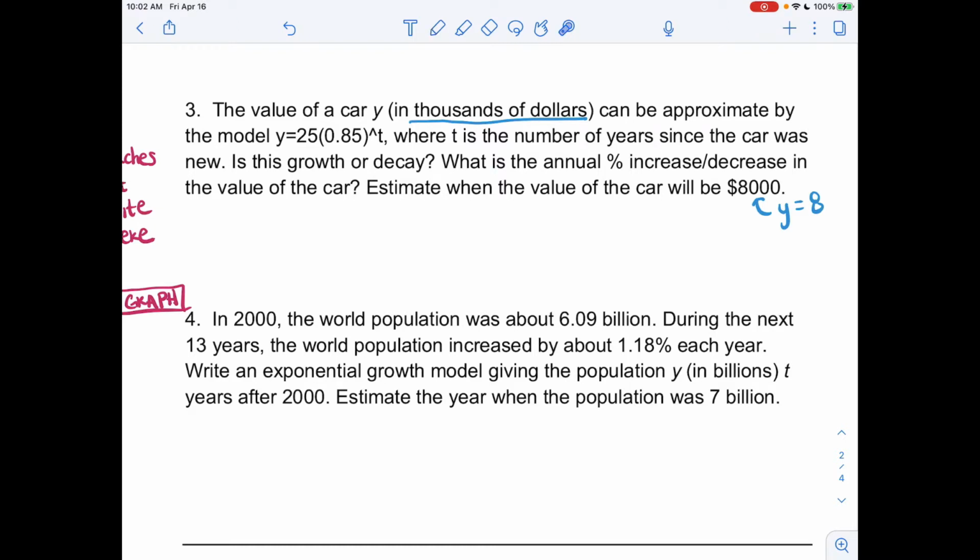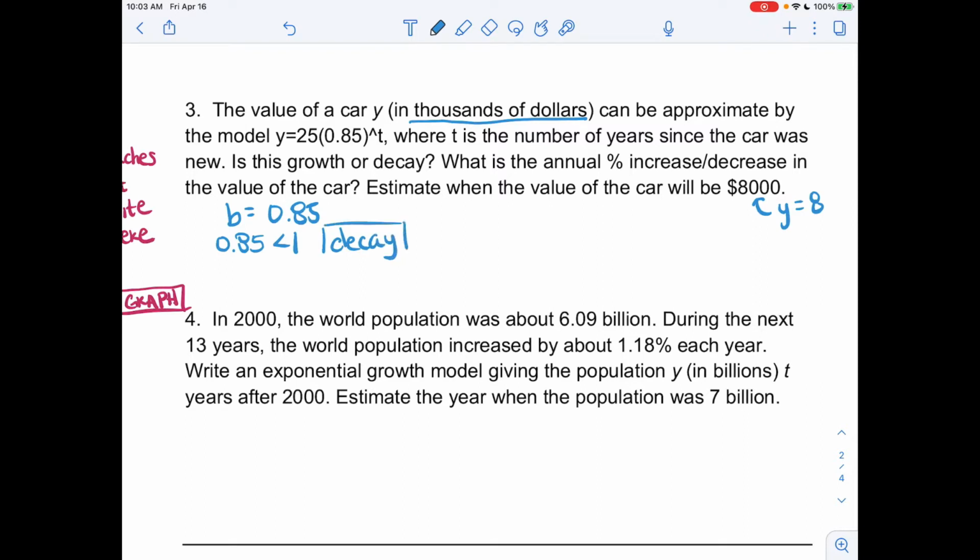All right, let's identify whether we have growth or decay. First we need to find our b value because that tells us. So b is equal to, what's the number in parentheses? 0.85. Because that number in parentheses, 0.85, is less than 1, that means we have decay, which makes sense.